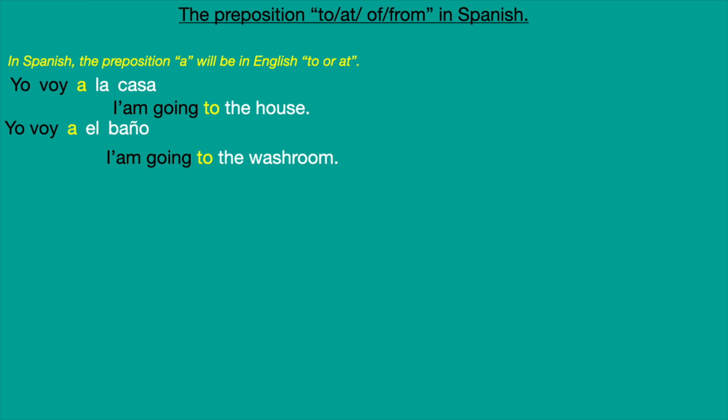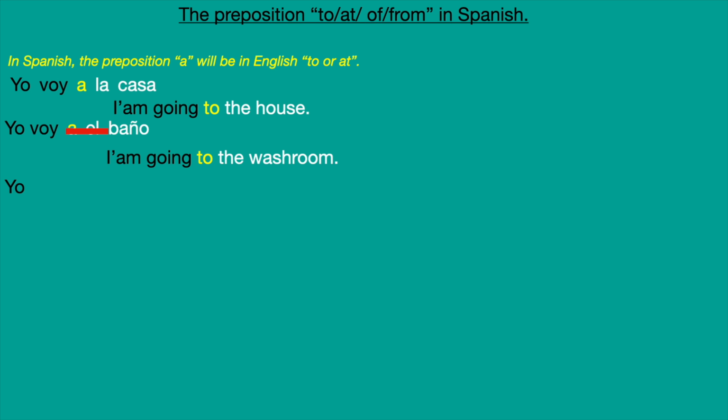But if you are reading yo voy a el baño, it's a little bit too much, two vowels together. The pronunciation will be a little bit hard. So a el baño sounds a little bit bad. So in Spanish, instead of having two vowels together, we eliminate that option and do a contraction of the words.